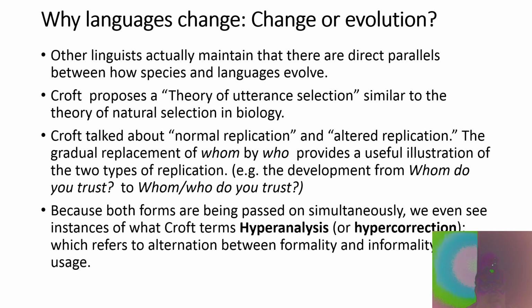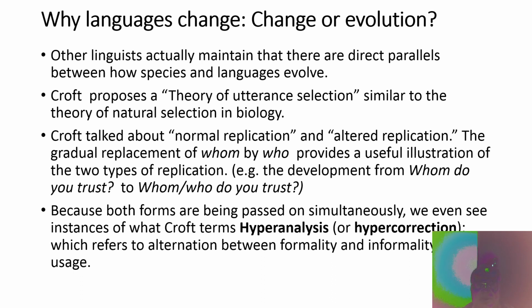And this theory is similar to the theory of natural selection in biology. And according to Croft, we have two kinds of replication. We have normal replication and altered replication. And these are two terms which are used in biology. But in linguistics, he used it differently.